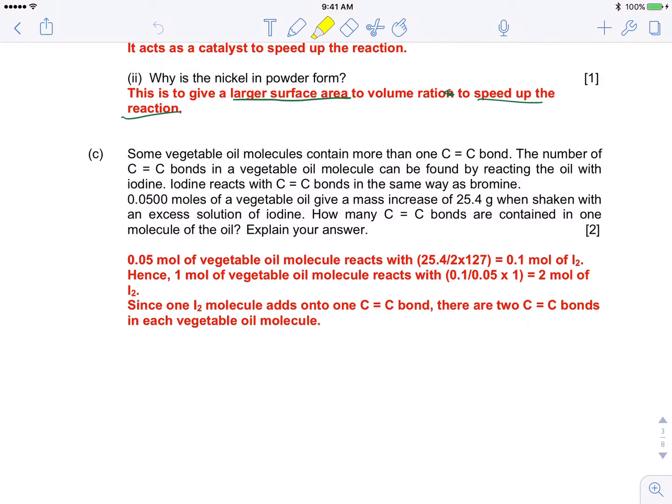First off, let's highlight some of the keywords. The number of CC bonds can be found by reacting it with iodine. It's in the same way as bromine. So I have 0.5 moles of the oil. Mass increase of this when shaken with excess solution of iodine. So how do we attempt this question?